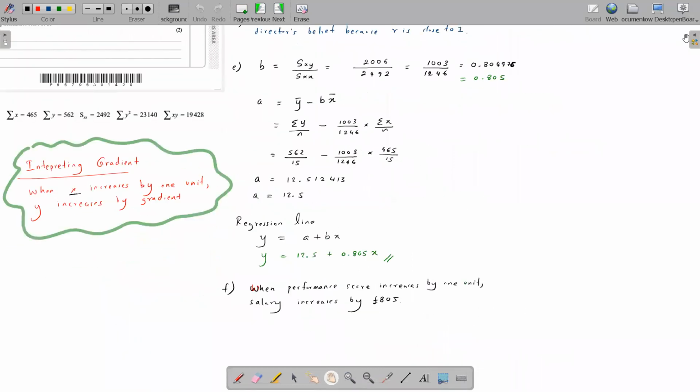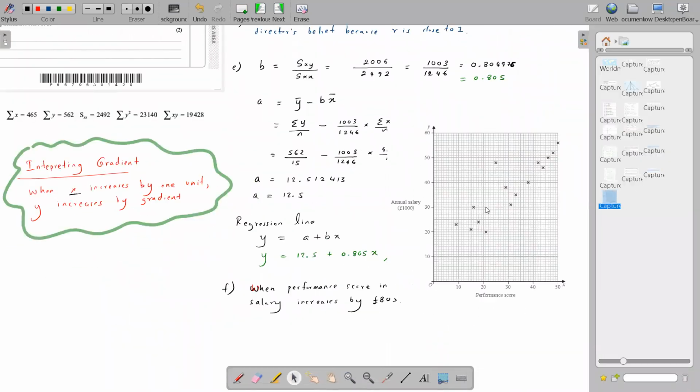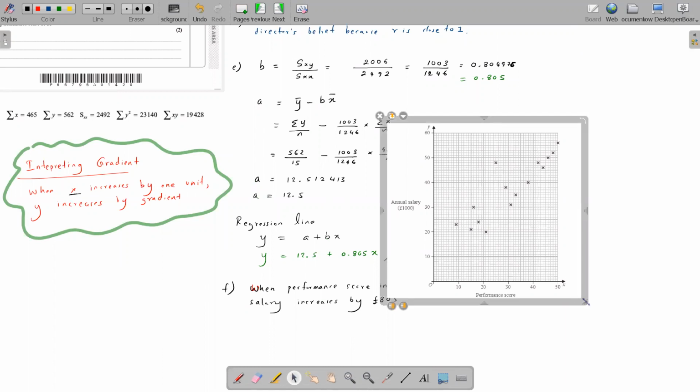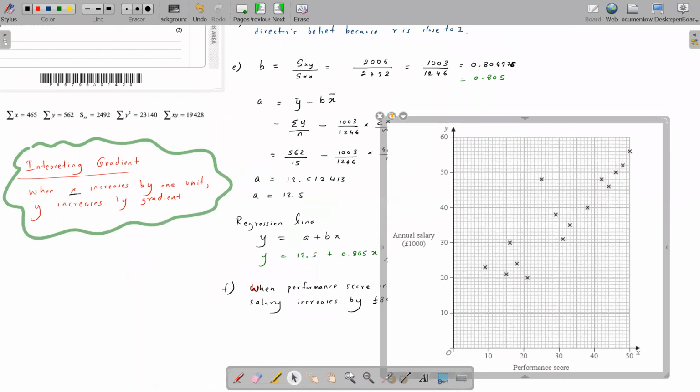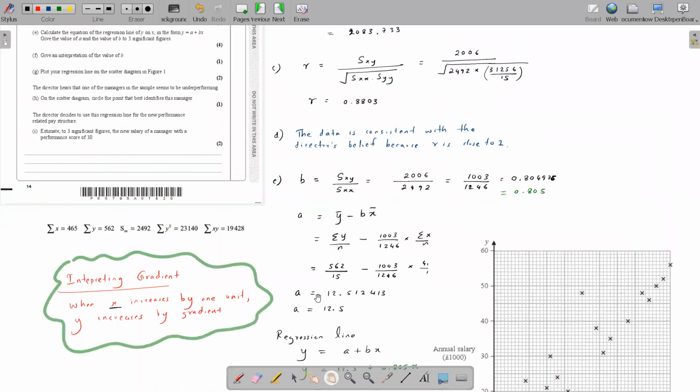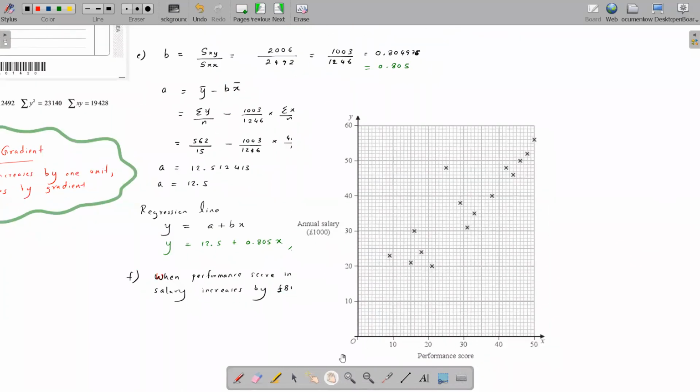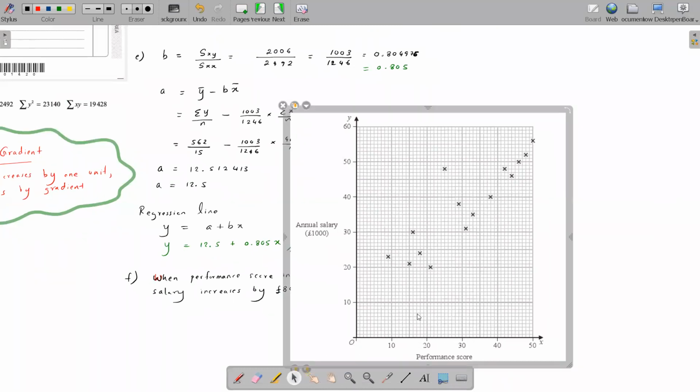You're supposed to draw your graph here, right? Part G. Plot your regression line on the scatter diagram in figure 1. Let's plot it, children.